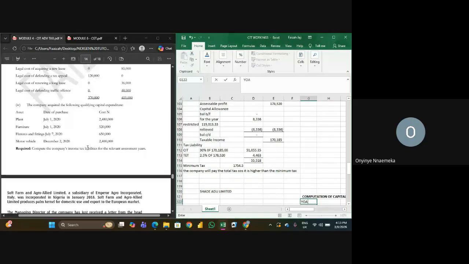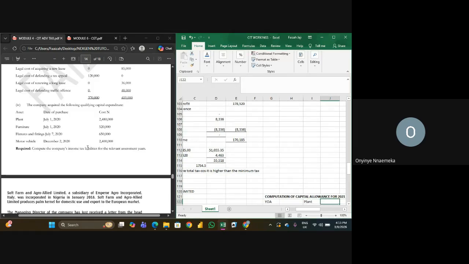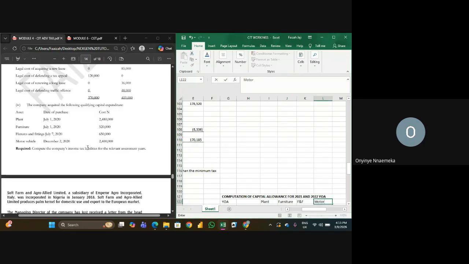How many assets do we have? Plants, furniture, F and F, motor, then we have total.